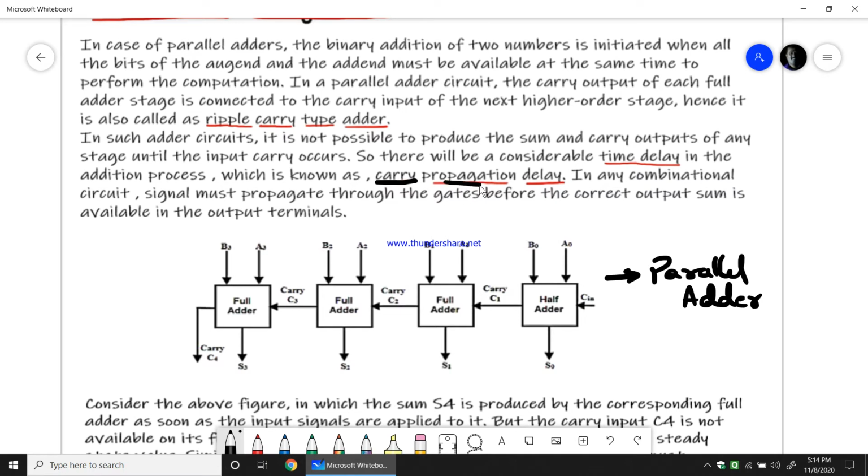That is the drawback we have in full adders or parallel adders. The half adder does not have any carry coming into it anyway.